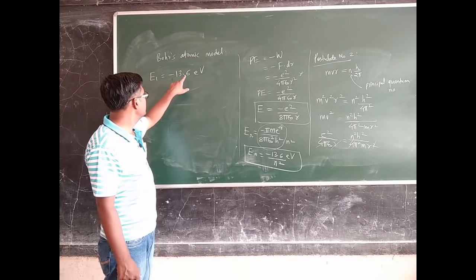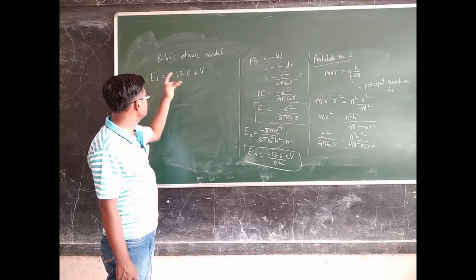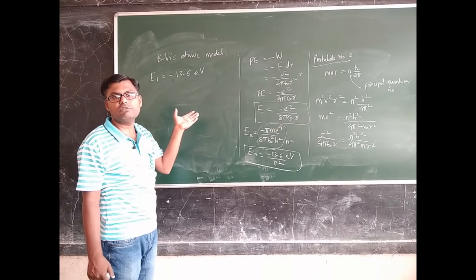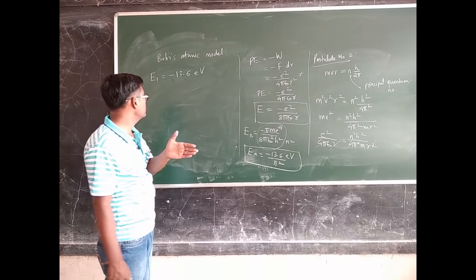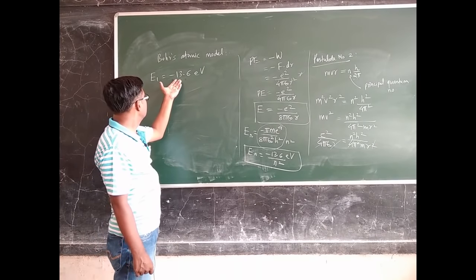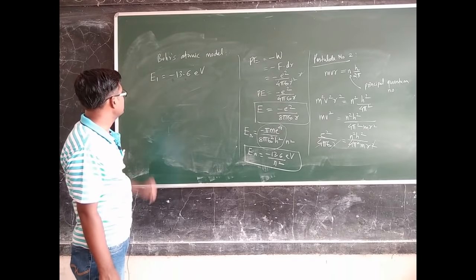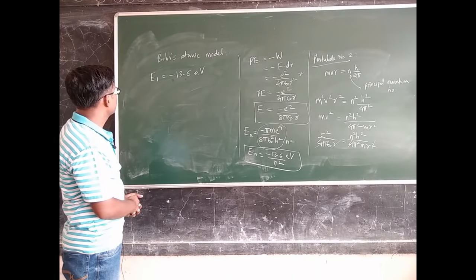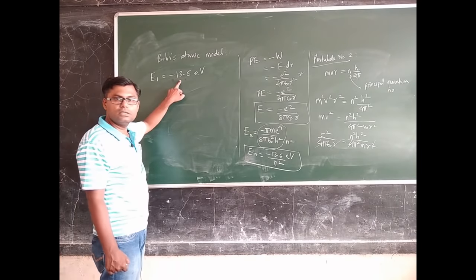Only when this much energy is supplied to the electron will it be liberated, or kept away from the atom. So this is the energy of the electron in the first orbit.